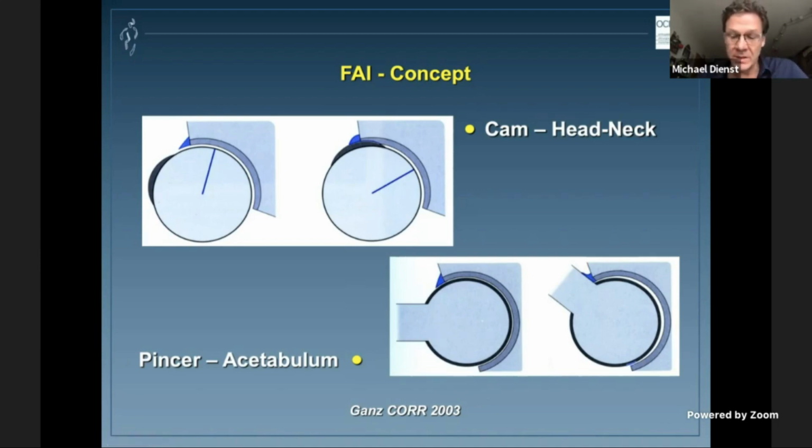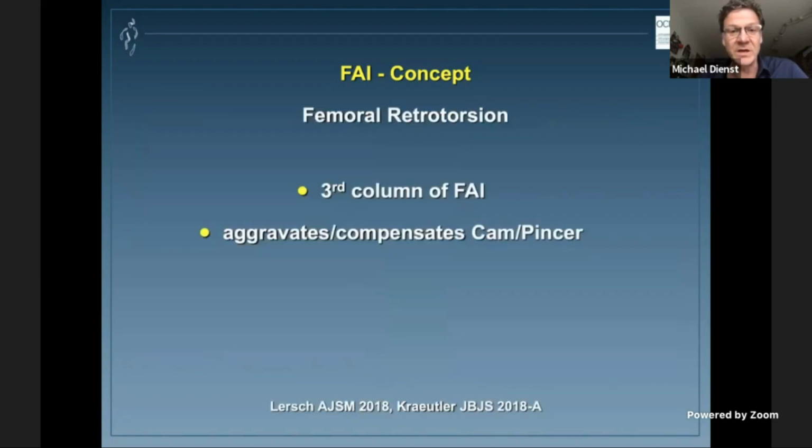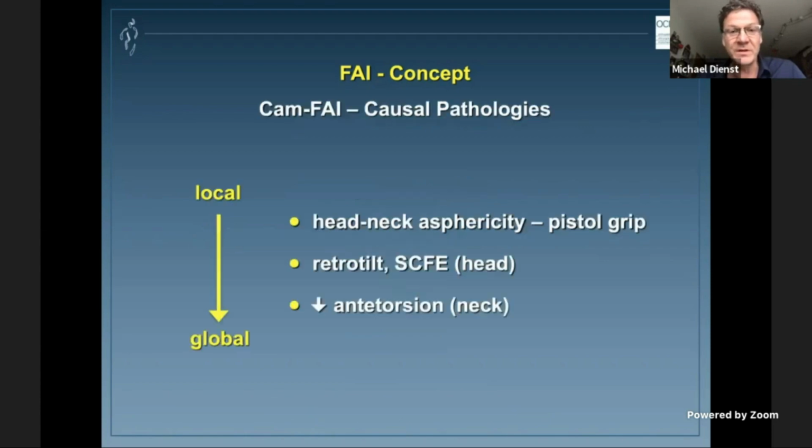We have two main aspects. One is the cam impingement on the femur side and the pincer FAI on the other side. Over the past years, we were hearing lots of information about femoral retrotorsion, and meanwhile, retrotorsion is considered the third column of FAI, and it can either aggravate or compensate cam or pincer FAI.